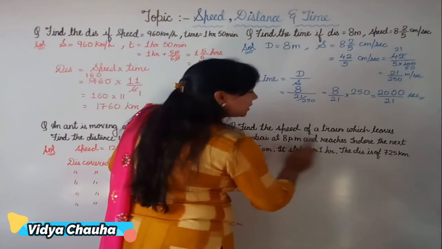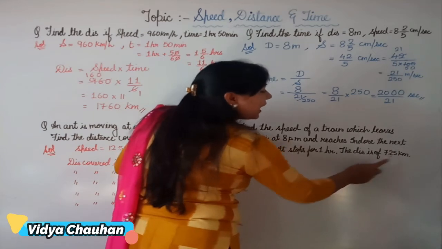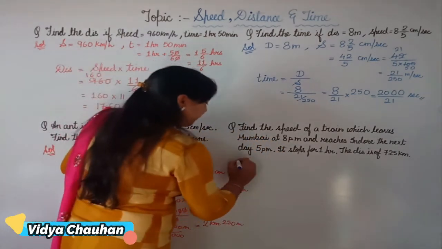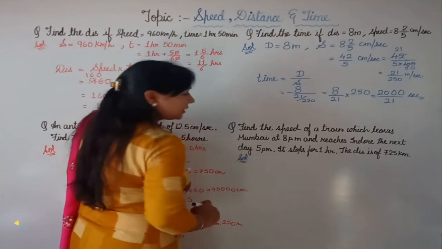You have to calculate the speed if the distance between Mumbai and Indore is 725 kilometers. So let's check out the solution very first.